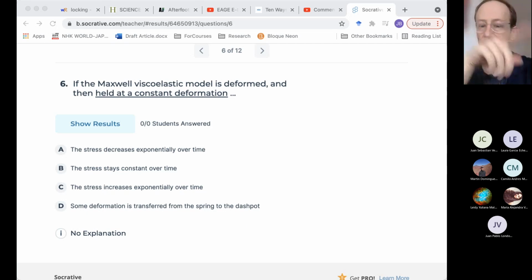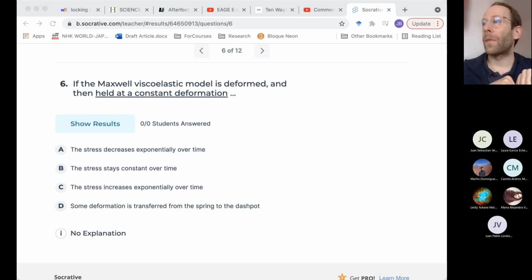So this exponential decay of the stress is because of the effect coming from the deformation of the dashpot and the transfer of that deformation from the spring to the dashpot, basically.